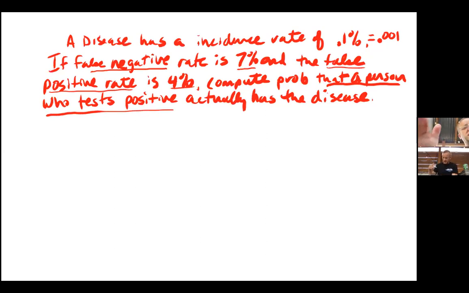The assumption going into this is that they've already tested positive. So you went to get tested for coronavirus, let's say, and you got a positive result. What the question is asking is, after you have received that positive result, so that's already happened, what would be the probability you would actually have this disease?